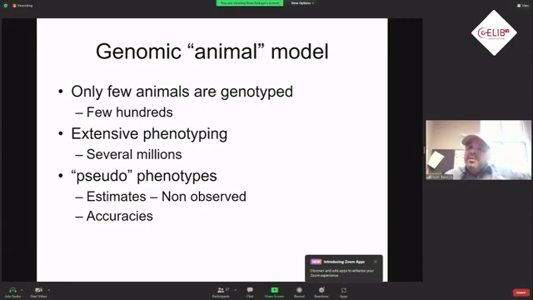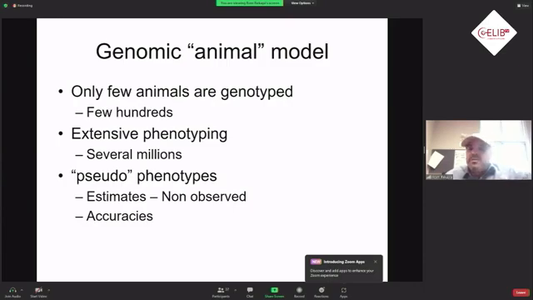So trying to implement the model I just presented to you will leave the majority of the animals outside of the genomic evaluation. So what to do? First, we use just the pseudophenotype. So I said, okay, we genotype just the bulls. Let's use the bulls and use the pseudophenotype and move on.